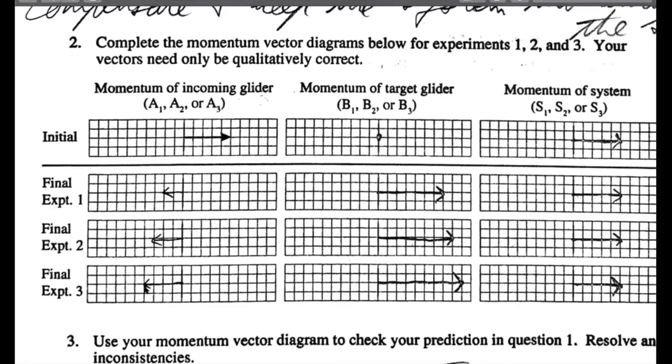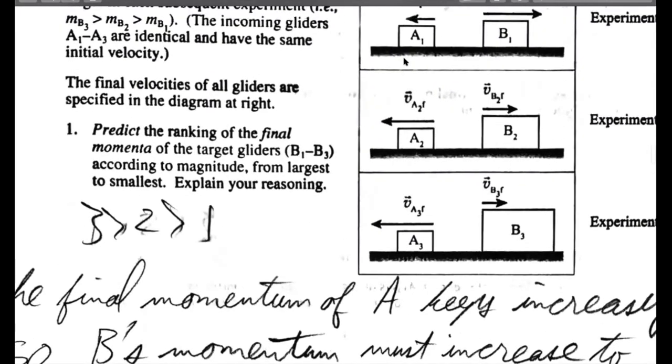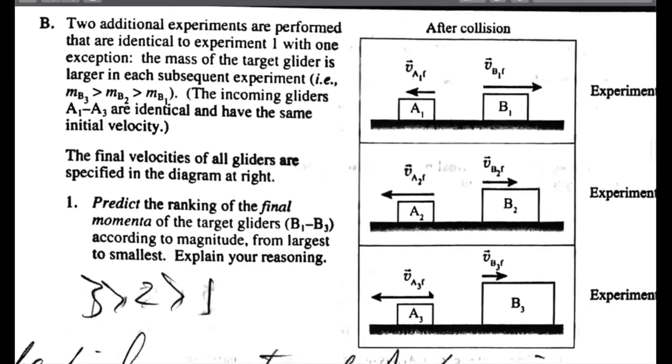And in experiment 3, -4 for object A means that object B has to have +9 units of momentum to keep adding up to 5 for the total system. It's definitely counterintuitive, but you have to use the fact that the final momentum of the system is conserved and that object A keeps bouncing back with a greater velocity.